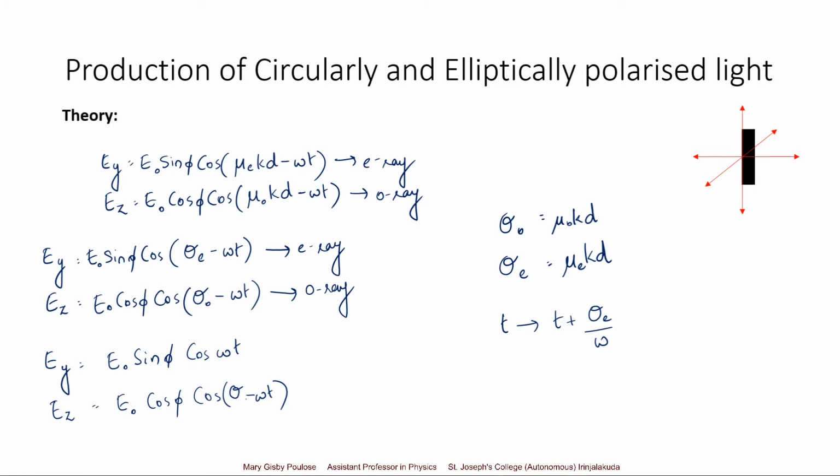Thus, these are the expressions for the O ray and E ray coming out of the plate. When they superimpose for different conditions of phi and theta, we get different polarizations. Here, phi is the angle at which the light is oriented with respect to the axis, and theta is the phase difference between the O ray and the E ray.